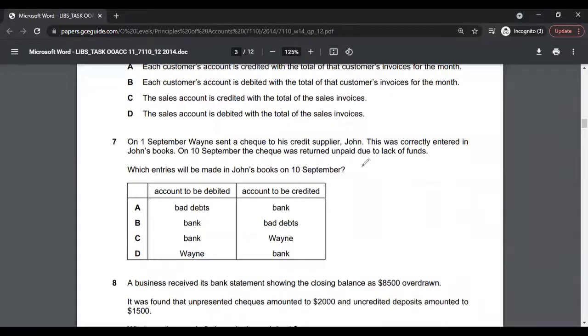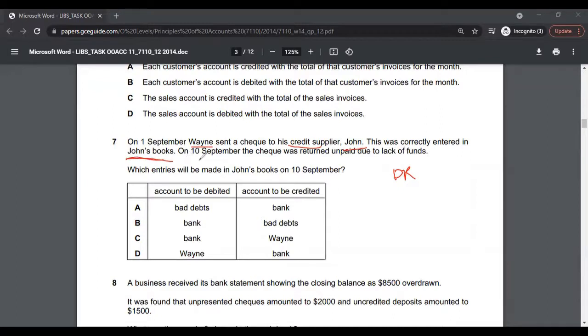Multiple choice 7. On 1st September, Wayne sent a check to his credit supplier, John. This was correctly entered in John's book.